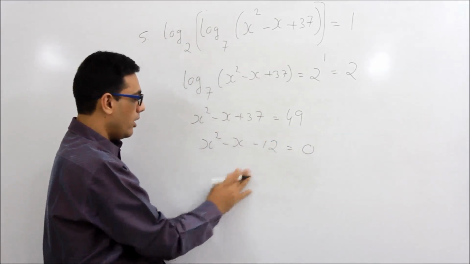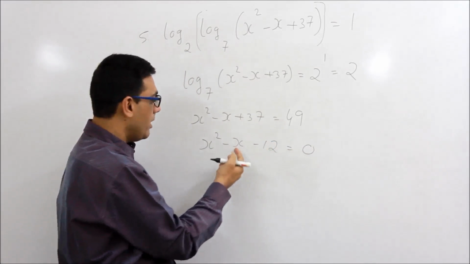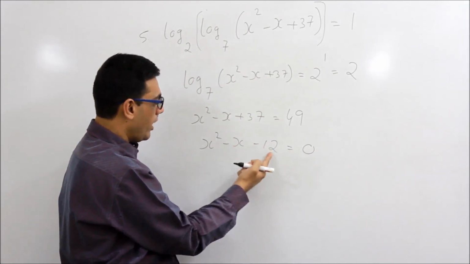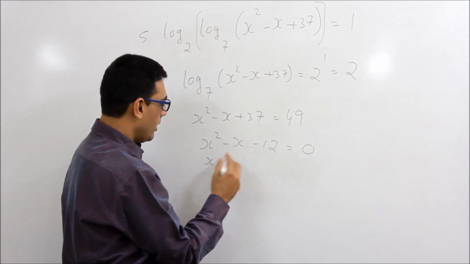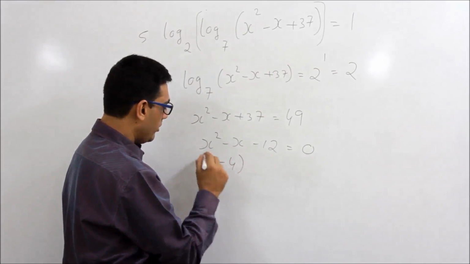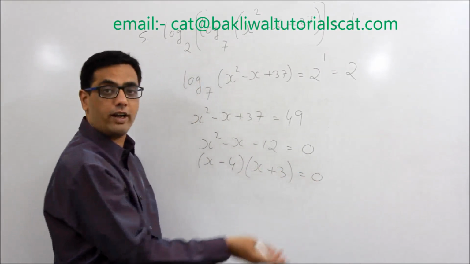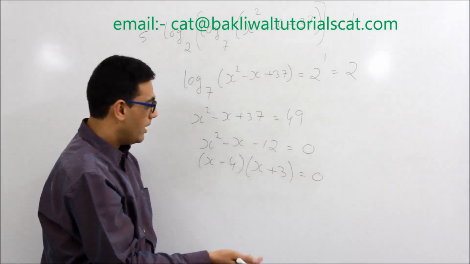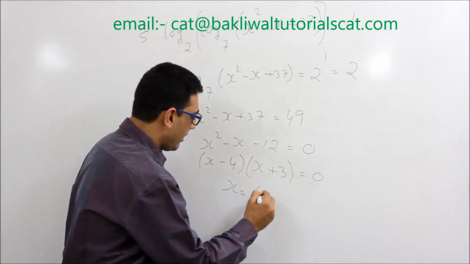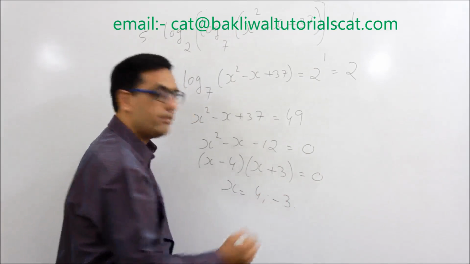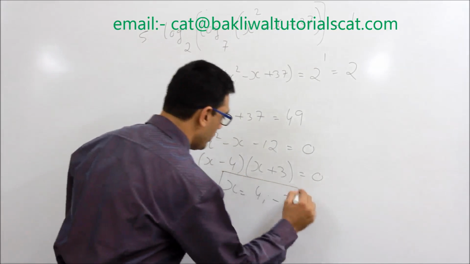Try to factorize by splitting the middle term. There is minus 1 and minus 12. We can write it as minus 4 x plus 3 x. So x minus 4 into x plus 3 is equal to 0. We have made the factors by the splitting the middle term method. So the solution set is x is either 4 or x is minus 3. This is our final solution for x.